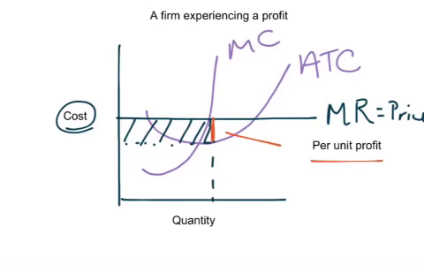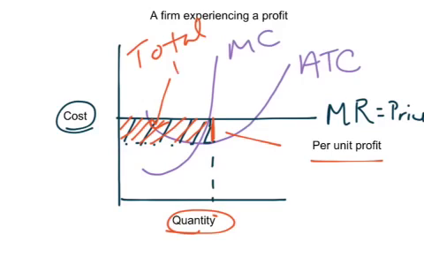And then to calculate total profit, they take the per unit profit, and we're going to multiply it by the quantity, which would be shown with the red slashed lines. This is total profit. So we did all of that last semester. So this is more for review.